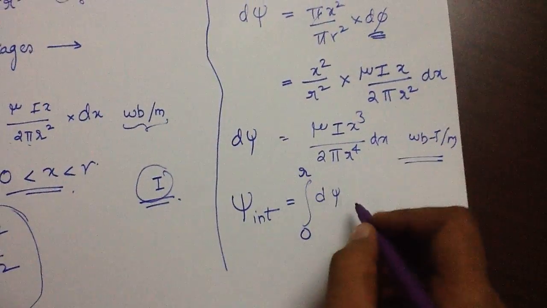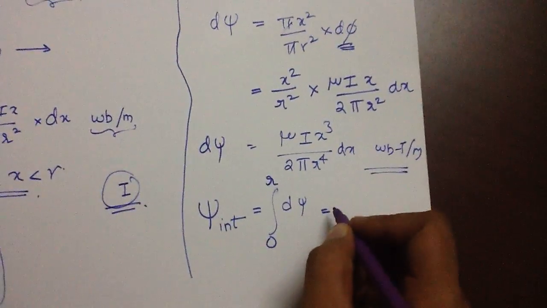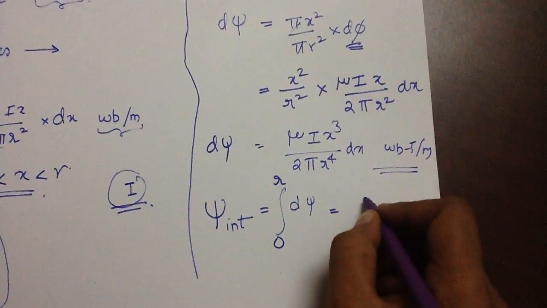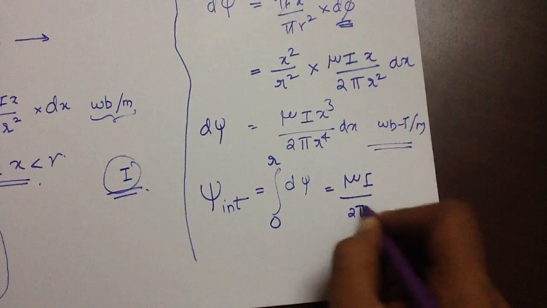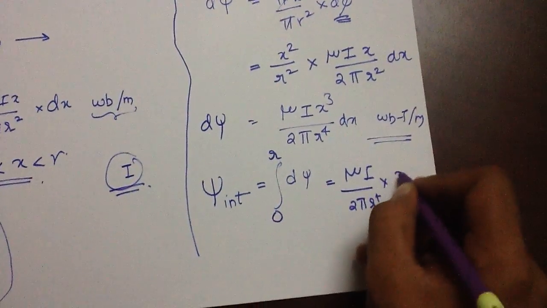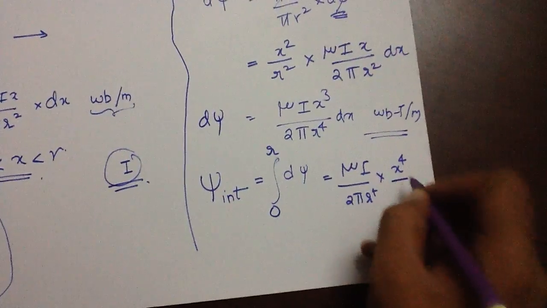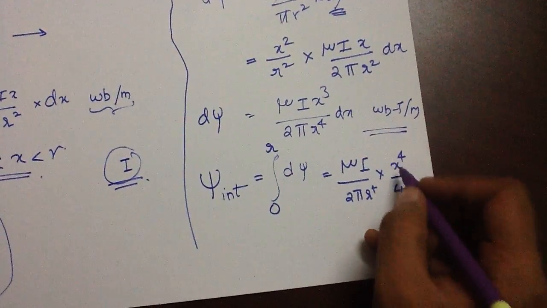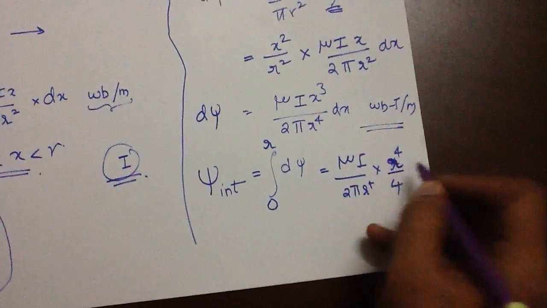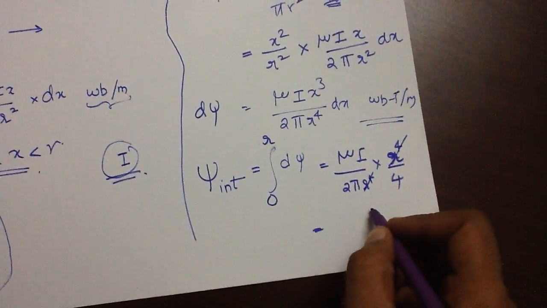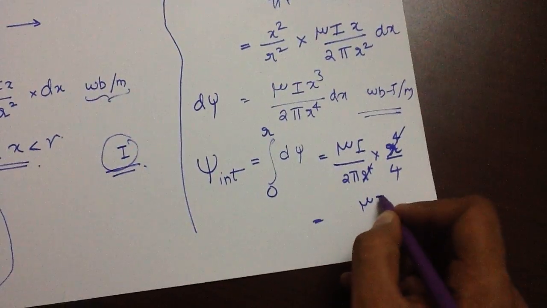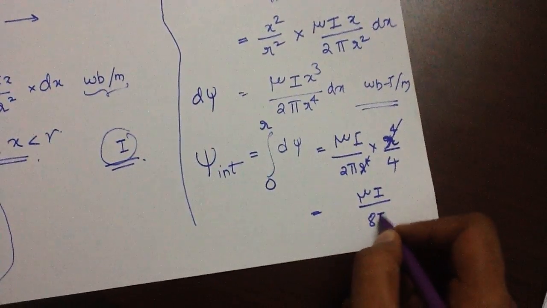The radius is r, right? So now we have mu I by 2 pi r power 4 into x power 3 plus 1 is 4, by 4. So this becomes r power 4, and r power 4 and r power 4 go away, and we have mu I by 8 pi.